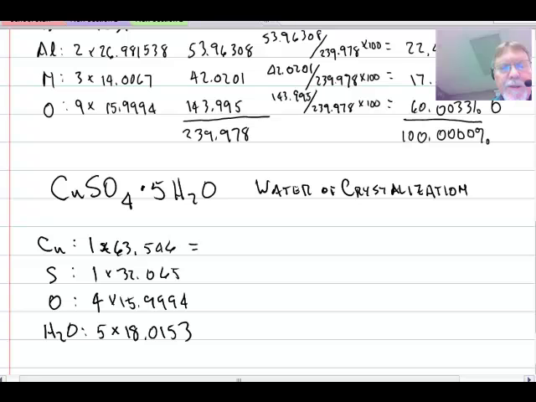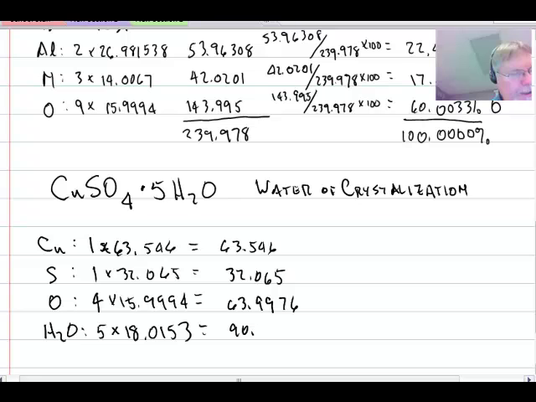And so if we multiply these out, we come up with 63.546, 32.065, this one comes out to 63.9976, and the water comes out to 90.0765.